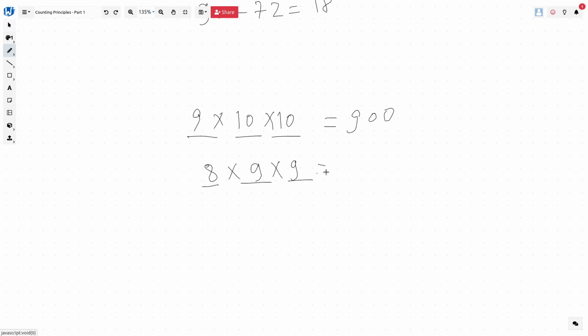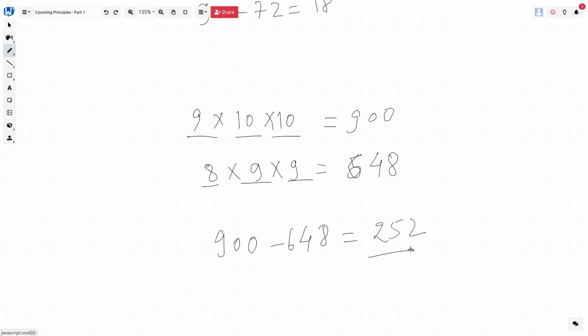So it will be 81 into 8, which is 648. If you subtract these two, the number of 3-digit numbers which contain at least one 3 will be 252, right?